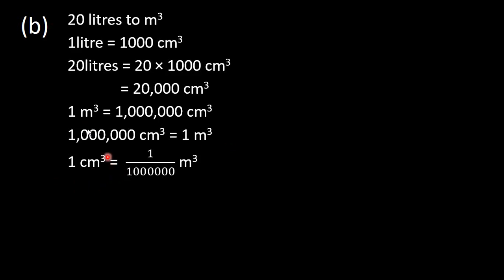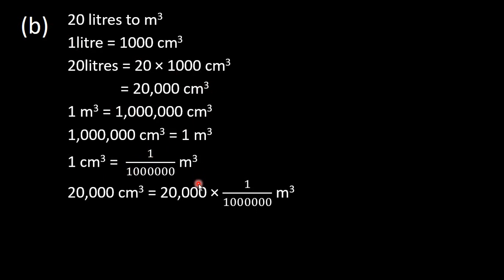But now, if 1 cubic centimeter is equivalent to 1 over 1 million cubic meter, what about the 20,000 cubic centimeters? So I'll simply multiply 20,000 by 1 over 1 million cubic meters, and that will give us 20,000 divided by 1 million cubic meters.